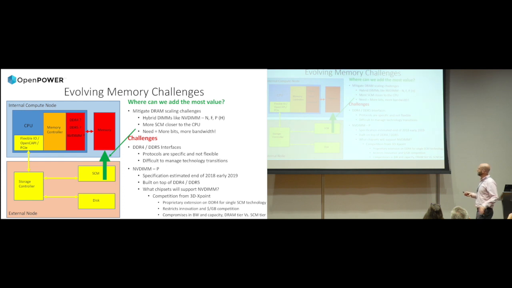So what we see is that it restricts innovation and cost per gigabyte competition. It also compromises bandwidth and capacity with your DRAM tiers versus SCM tiers, because of the architecture and the way it's currently slated to work in the system. You're taking away a memory channel to put this on.